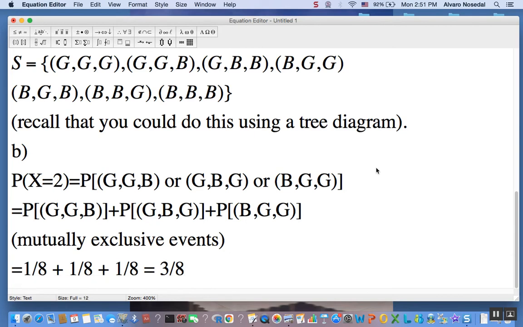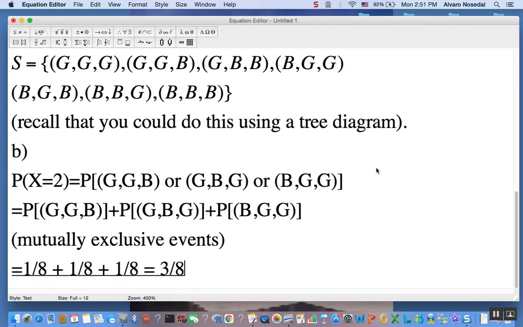So first, what's a discrete random variable? A discrete random variable is a random variable that can assume finitely many outcomes or a countably infinite number of outcomes.